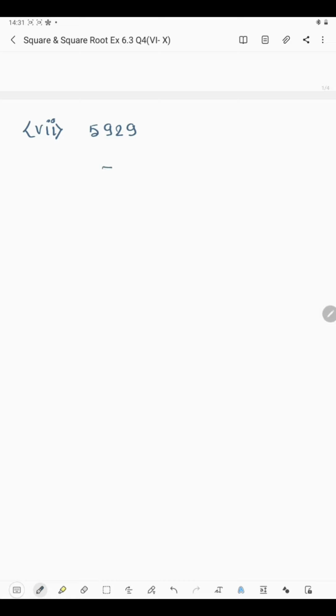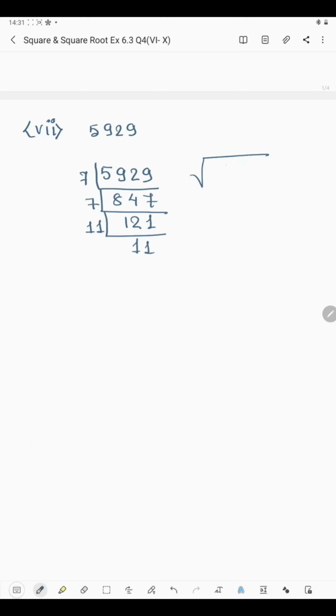So 5929. If you take 7, then 7 8s are 56, 3 will come, then 7 4s are 28, 4 will come, 7 7s are 49. Now 7 12s are 84, 7 1s are 7. Then we'll check by 11, 11 11s are 121.